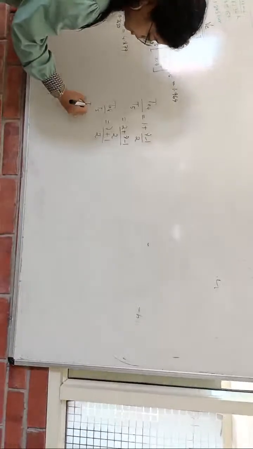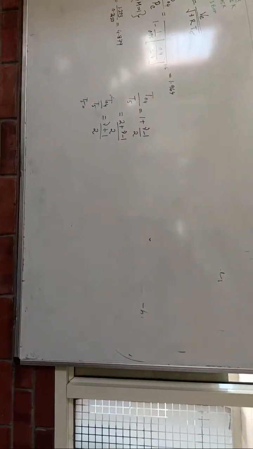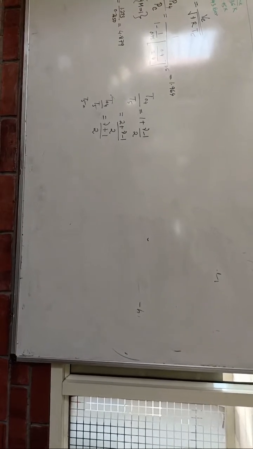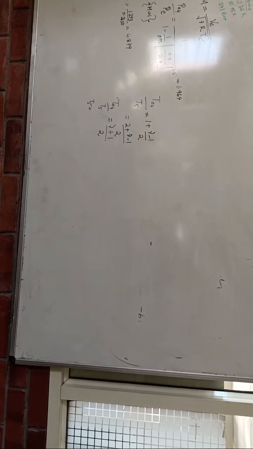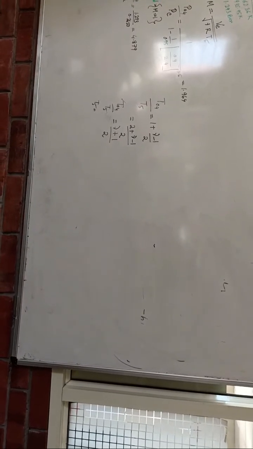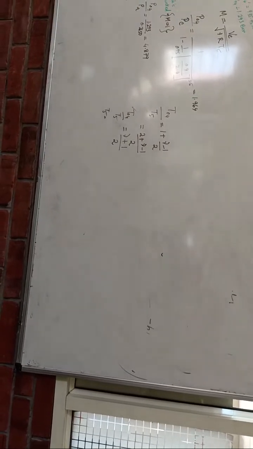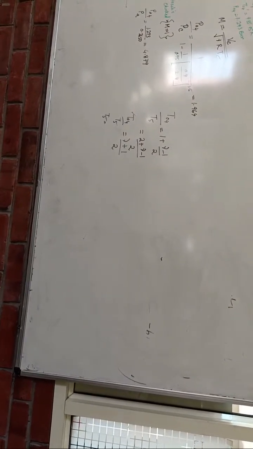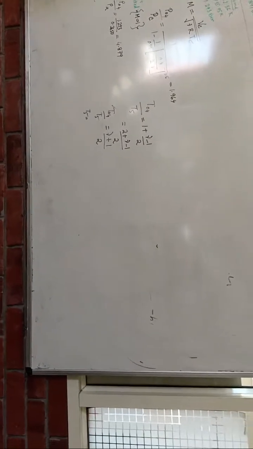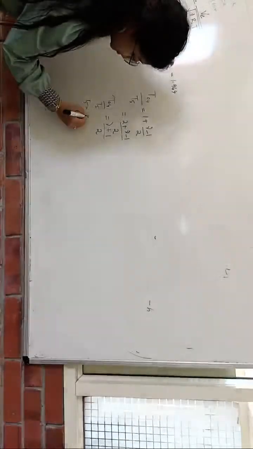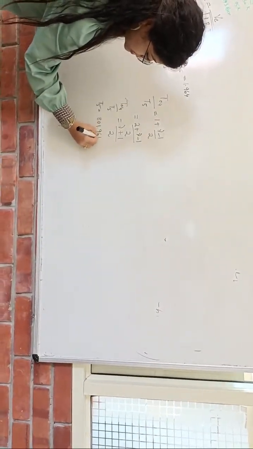So can you find T5 right now? How can you find T5? T5 comes out to 801.96 Kelvin.